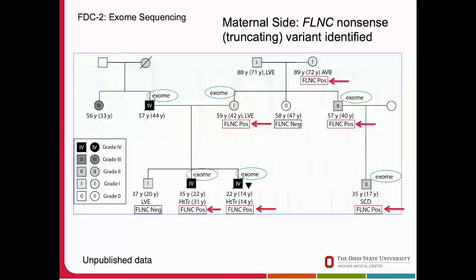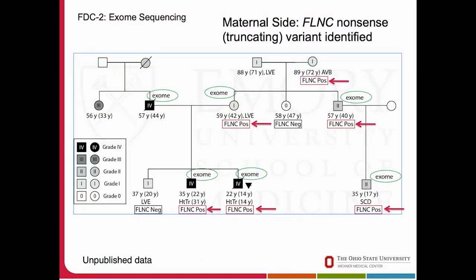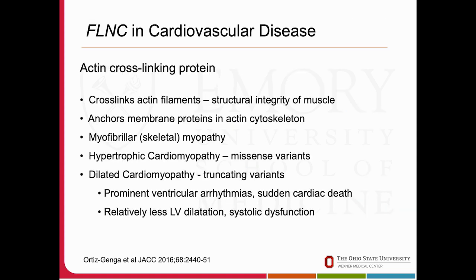So we moved to exome sequencing, and on the maternal side, we found an FLNC nonsense, a truncating variant, and I think that gene explains the maternal disease really perfectly. And it shows complete segregation. FLNC is this actin cross-linking protein. It also has been seen in a skeletal myopathy, also hypertrophic cardiomyopathy, and then dilated cardiomyopathy, particularly with truncating variants.